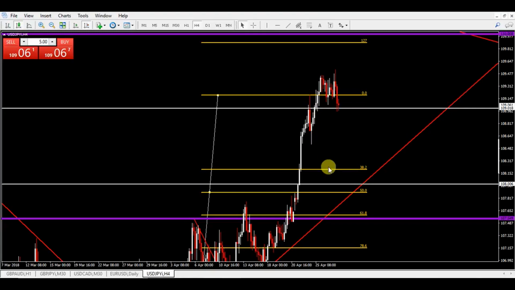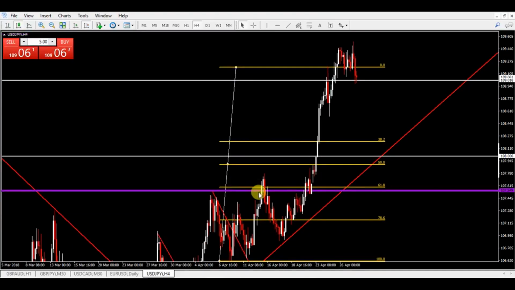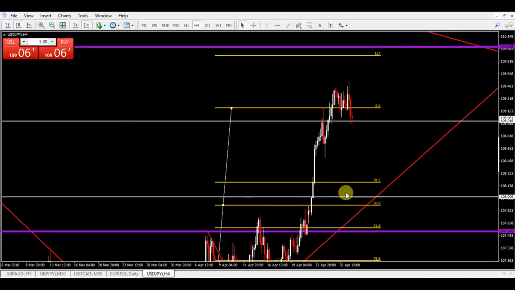The C is in confluence with potential C, 61.8 area, strong previous resistance, potential to act as support here, or come into this 50 fib area, which is in confluence with the whole number of 108.000.